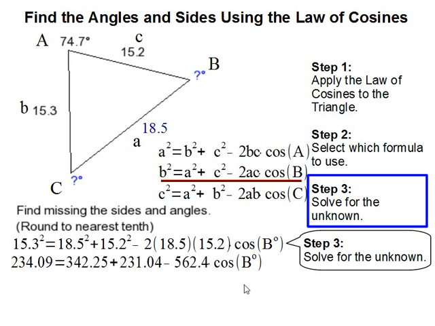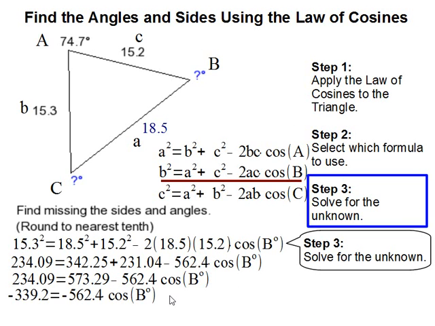Then step 3 is to solve for the unknown. So you're going to square here, here, here, and then you're going to multiply the numbers out here. Then the next step, I'm going to add these two numbers, and that gets you 573.29. Then I'm going to subtract 573.29 on both sides.